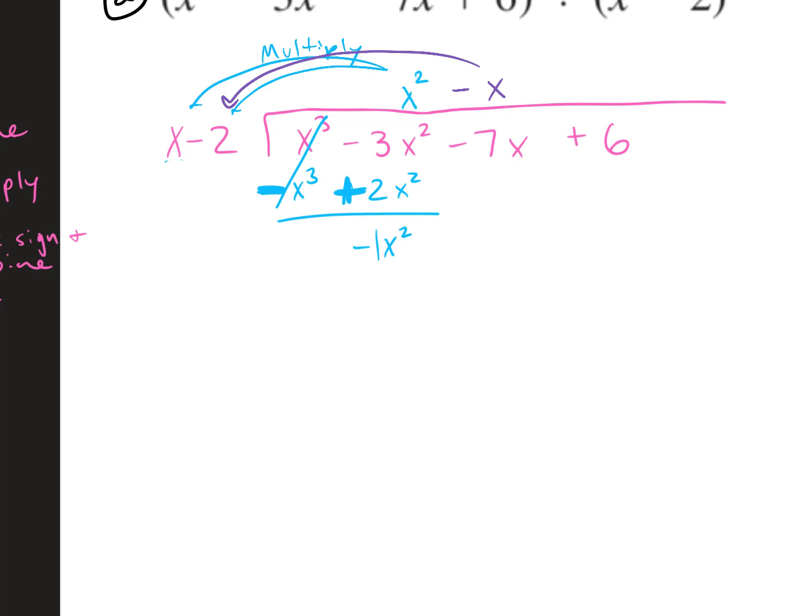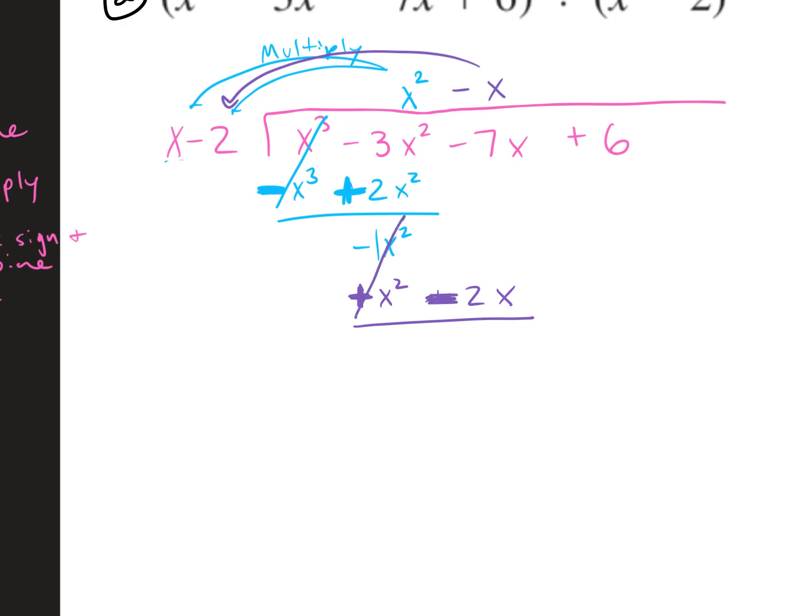So what's negative x times x? Negative x squared. What's negative x times negative 2? So positive 2x. What's the next step? Change the sign and combine.